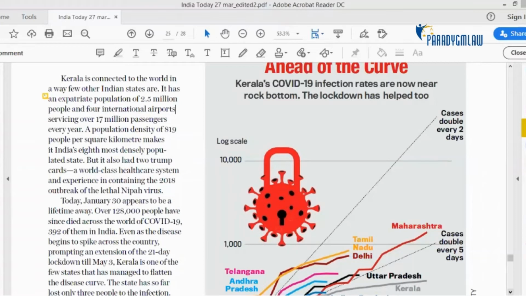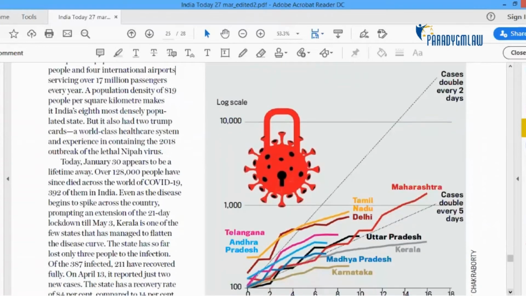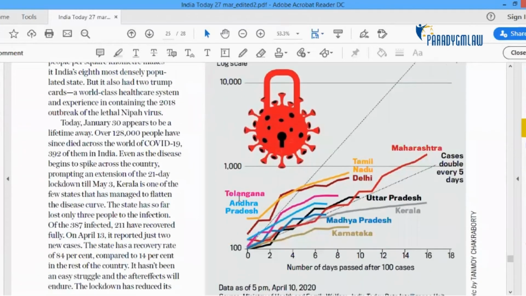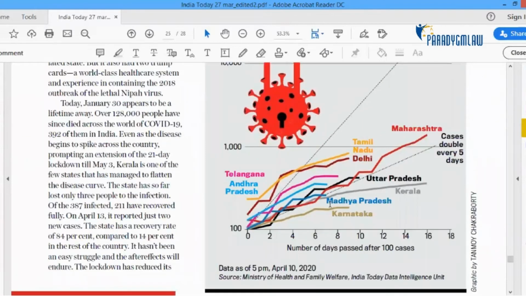Now, this passage, the second paragraph, is again talking only about how the statistics are across the world. Now, coming to Kerala, it's managed to flatten the disease curve because it's lost only 3 people to the infection. That is the claim.